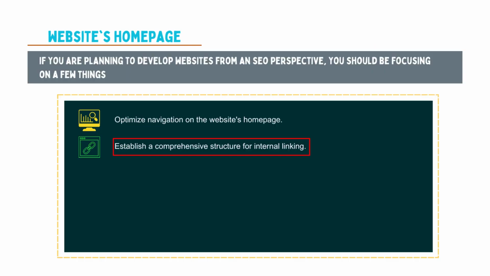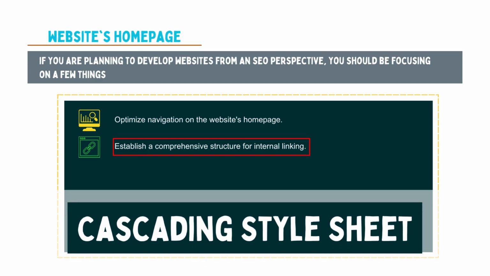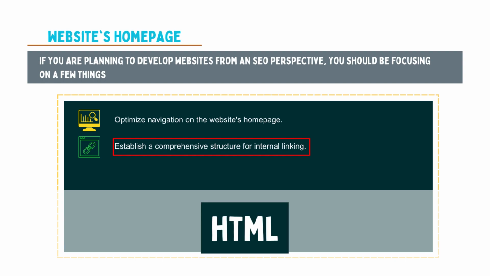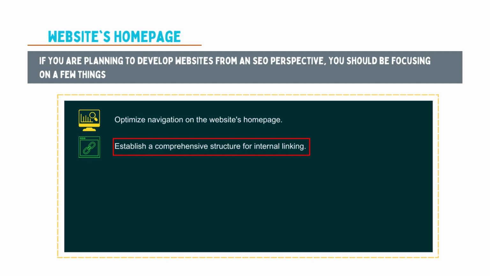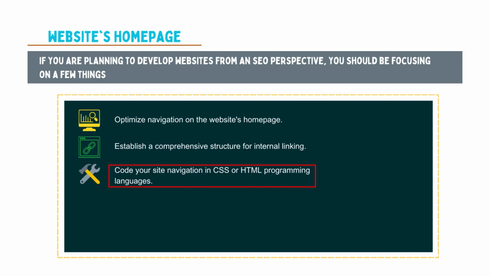Constructing your website in a search engine-friendly manner is crucial, and the two most commonly used languages for this purpose are CSS or Cascading Style Sheets and HTML or Hypertext Markup Language. Browsers load CSS and HTML, while search engines rely on these languages for indexing web pages. By using CSS and HTML effectively, you facilitate easy comprehension of your page's content by search engines, enabling them to understand its purpose and relevance.